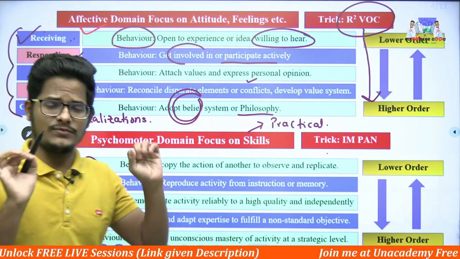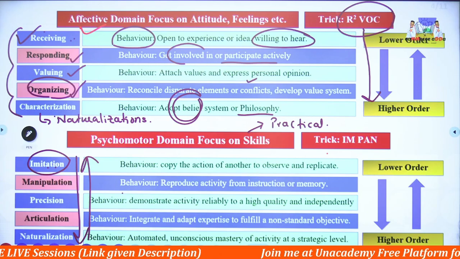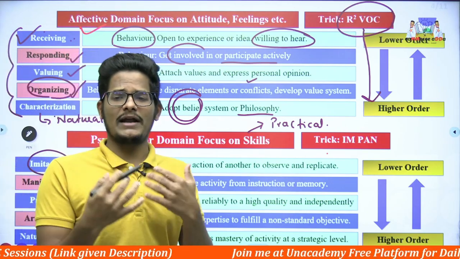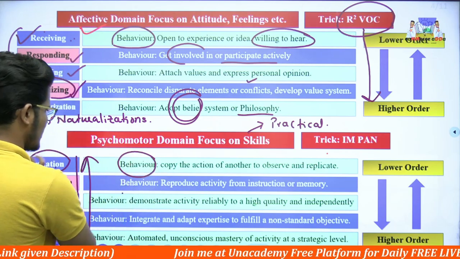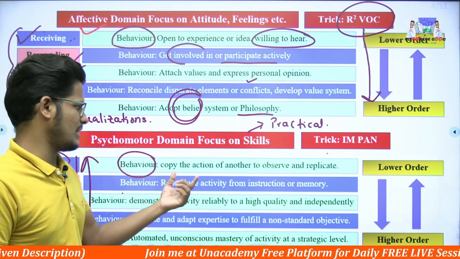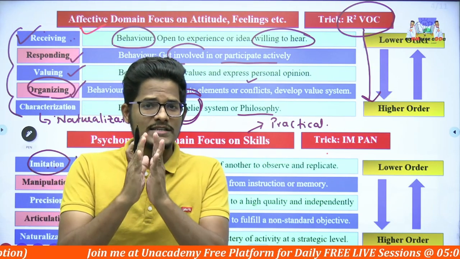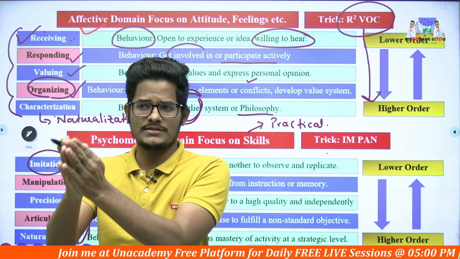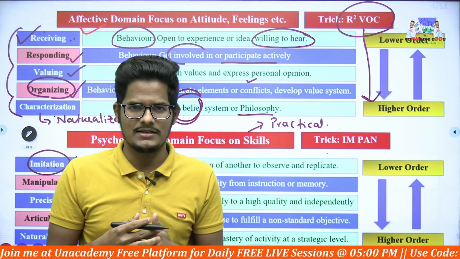I already told you it is focusing on skills, and only practical skills will be there. First, imitation. How can you learn practical skills? That's about how the behavior of a person is going to be in imitation. Whenever I want to learn a practical skill, first I will try to imitate the person from whom I want to learn it.